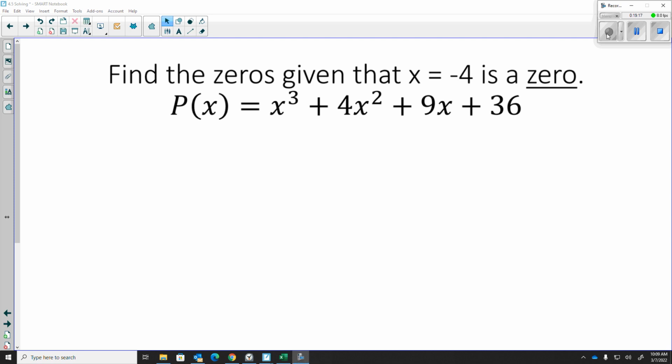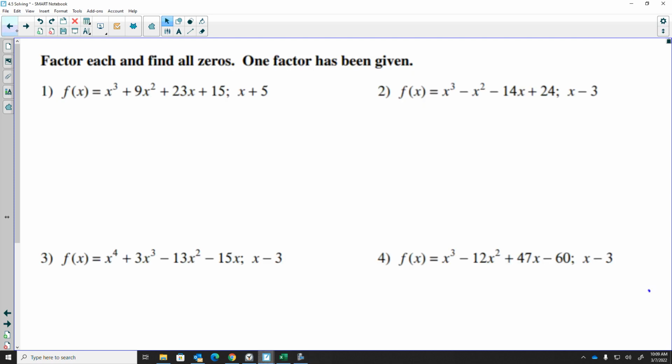All right, guys, one last thing here. It says find the zeros given that x equals negative 4 is a 0. So this one's different. What does 0 mean again? Solution, x-intercept, whatever, means the same thing. This one's different than these ones because these ones gave you a factor, right?